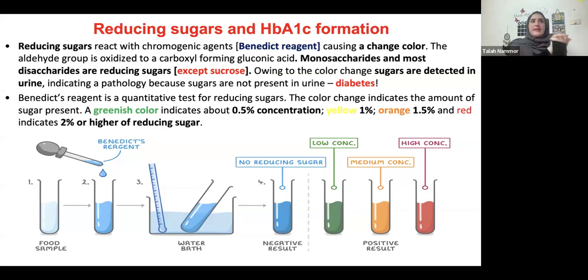So let's say I have a patient who has diabetes. I took their urine and I was doing some tests. One of these tests is adding Benedict reagent to the urine, and then I look for a color change. Can someone tell me why we have this color change?